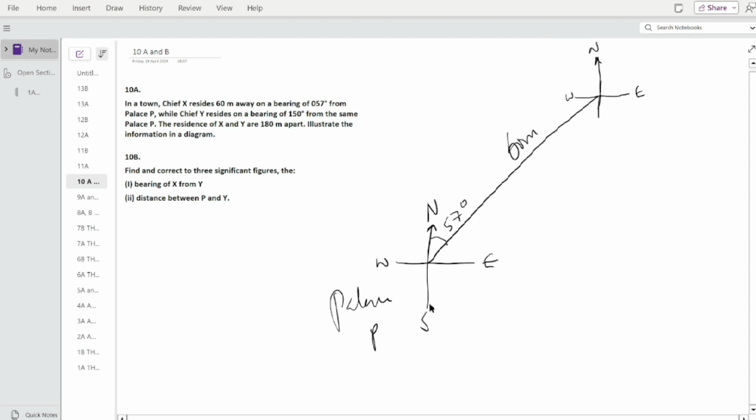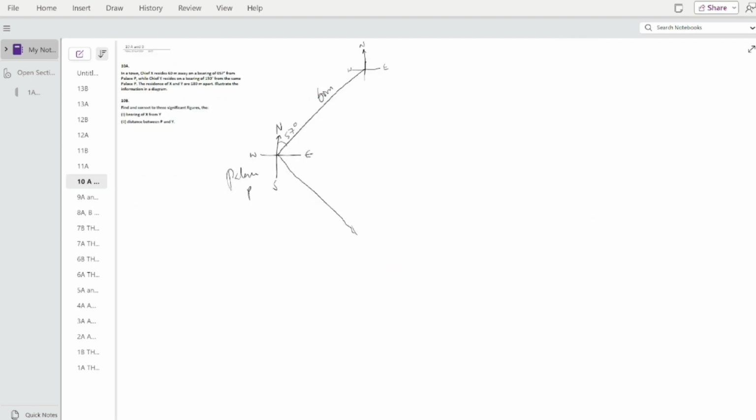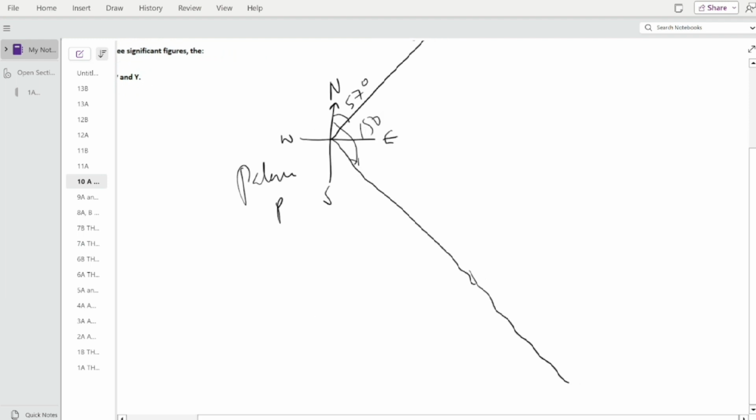We know this one is 180, so 150 doesn't get to 180, so it's somewhere around here. So we'll draw a line down. We'll travel 150 to this point. And we know this is a straight line, so the rest is 30 degrees to make it 180. So this small angle is 30 degrees.